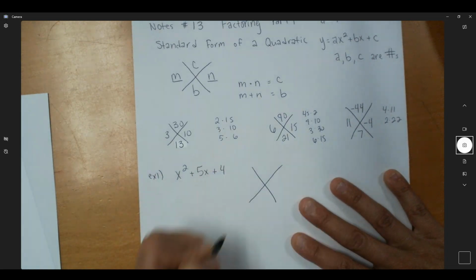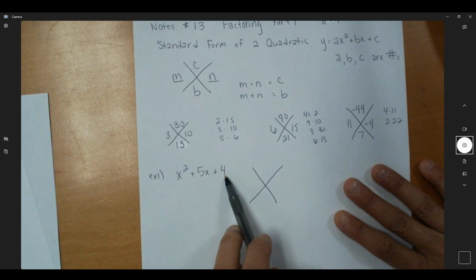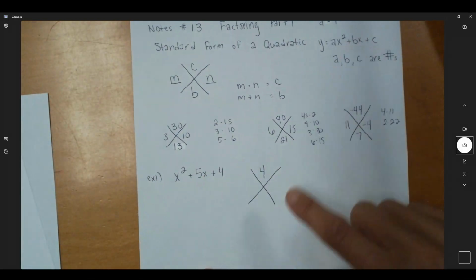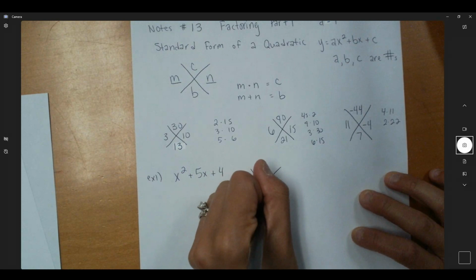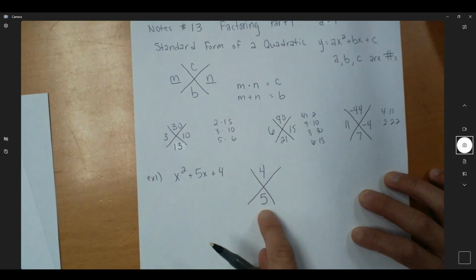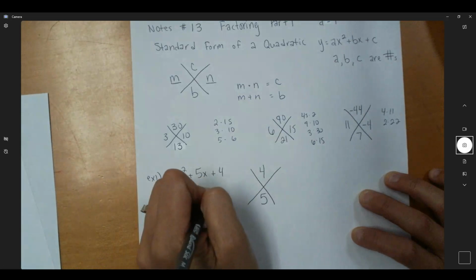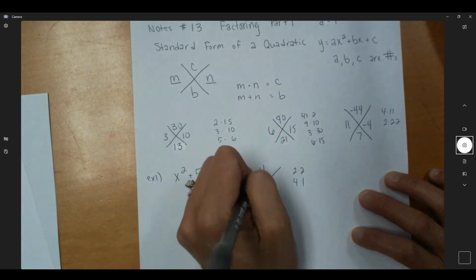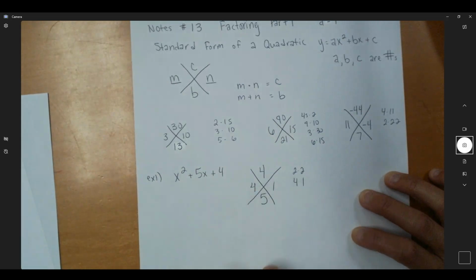So we would take our X, we would put the C value, which is 4, on top. Our B value is that middle one that goes on the bottom. So that's 5. So what multiplies to be 4 and adds to be 5? Well, there's not that many choices because you only have 2 times 2 and then 4 times 1. So this one's going to be 4 times 1. That equals 4 when you multiply, and then you add those together, that equals 5.